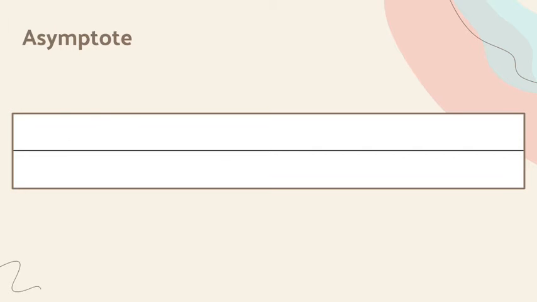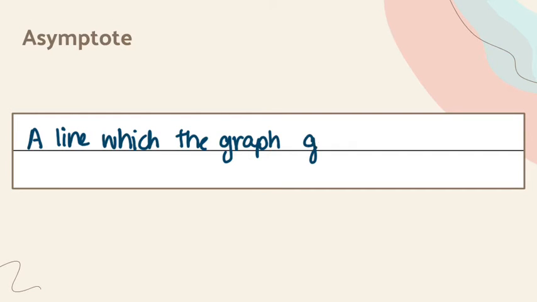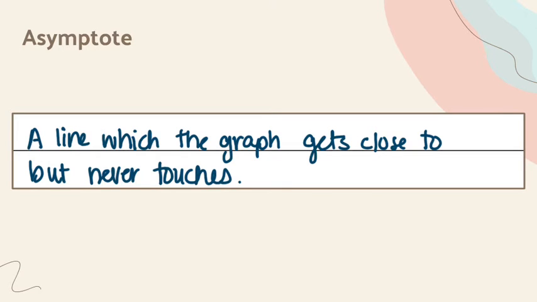Then an asymptote is a line which the graph gets close to, but never touches. So what this means is I want you to think about half-lives.